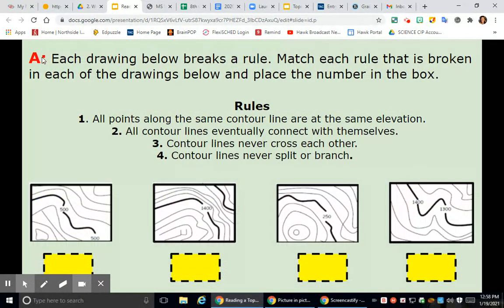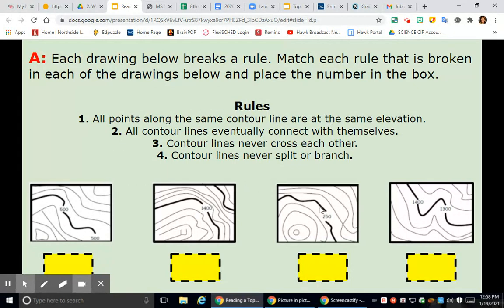So for our activity today, each drawing below breaks a rule on a topographic map. We're going to match each rule that's broken in each of the drawings below and place the number in the box. So, rule number 1, all points along the same contour line are the same elevation.